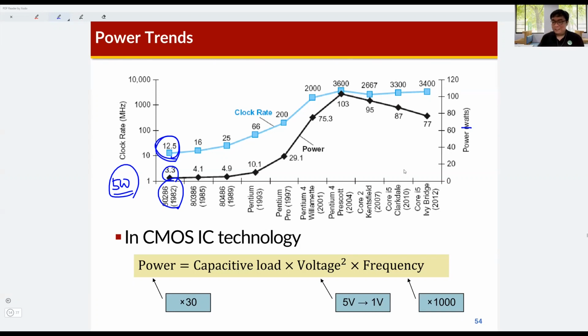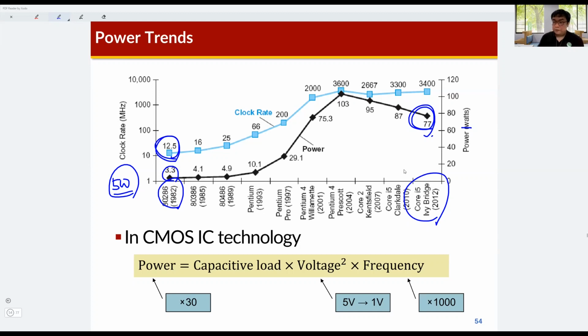And then, not so recently, in 2012, the clock frequency of the Core i5 is about 3.4 gigahertz. But how about the power consumption? The power consumption is about 77 watts.